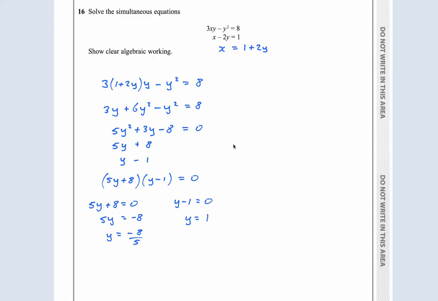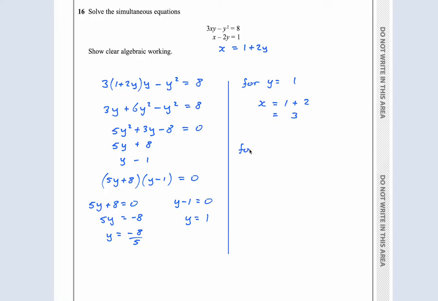Great, but I have to get my two x's. So remember, x equals 1 plus 2y. So for y equals 1 first, because that's the easier one. For y equals 1, x equals 1 plus 2 times 1, which is 2, which is 3. So 1 and 3.